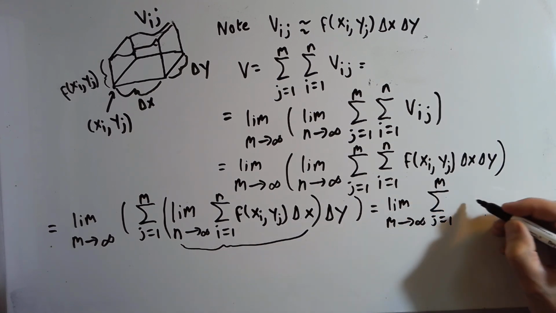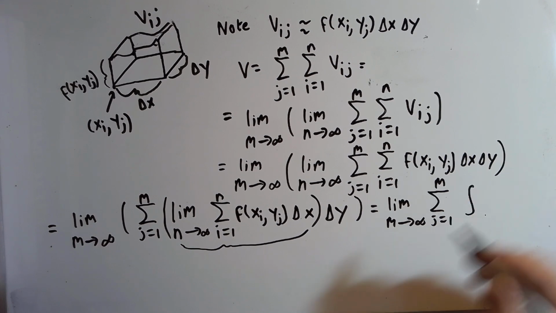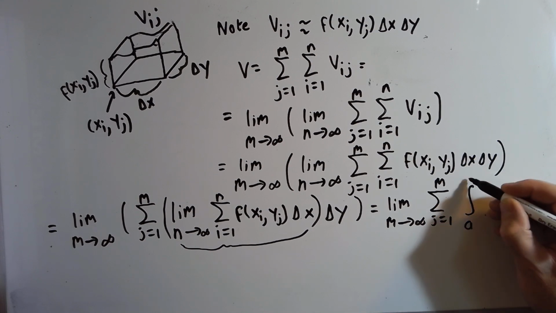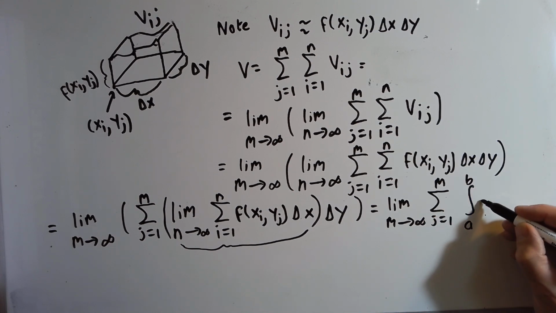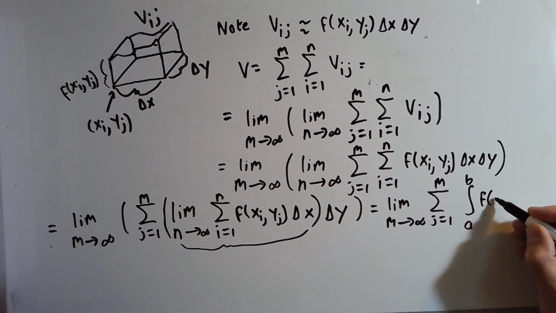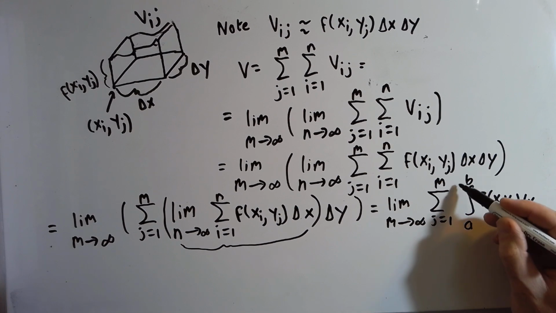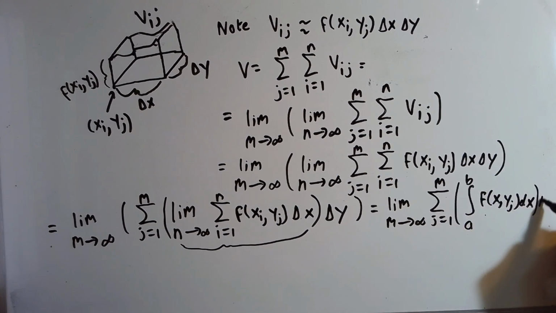Then here it's going to be an integral, so it's on the x, and if you go back to the first picture, the x went from a to b, so it's going to be from a to b of f(x, yj) dx, and then delta y on the outside here.